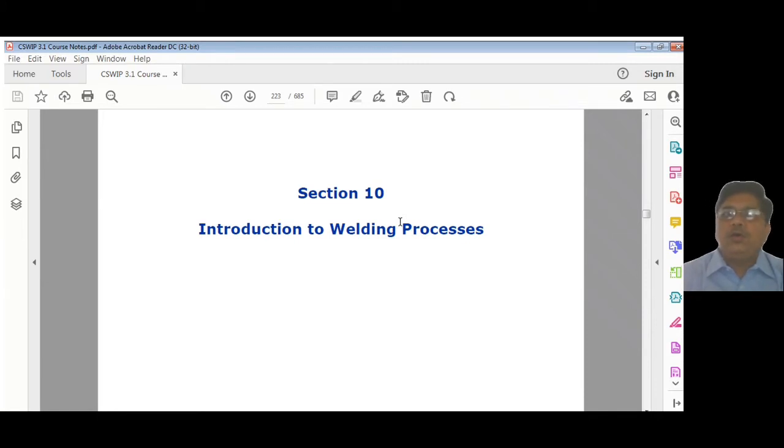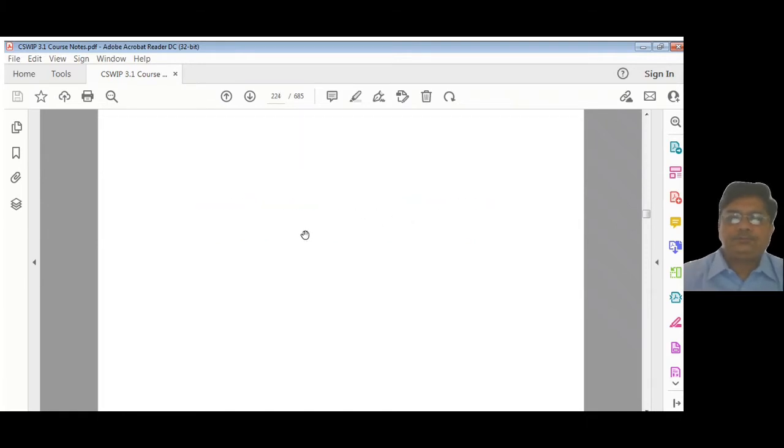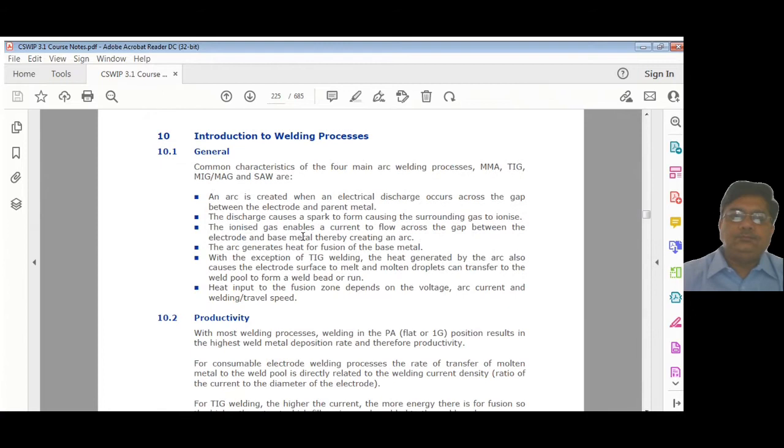So you can go and read chapters and books on welding written by many people who are renowned in the welding field. Introduction to the welding process: the common characteristics of the four main arc processes are MMAW, TIG, MIG/MAG, and SAW. This is the base.